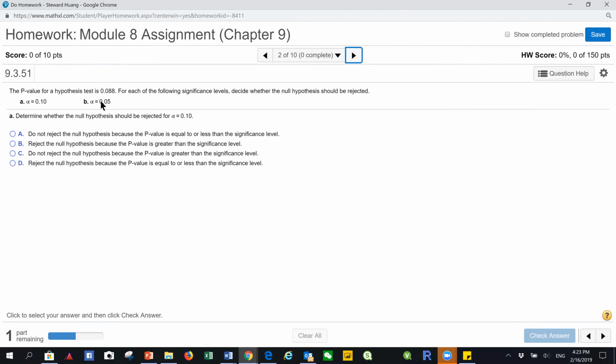But when it's compared with this, it's not, and you need to explain why. The reason is that if our p-value is less than alpha, then we have significant evidence from the data supporting us to reject the null hypothesis.